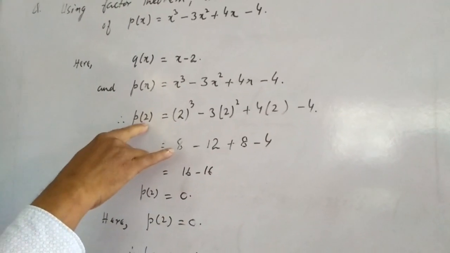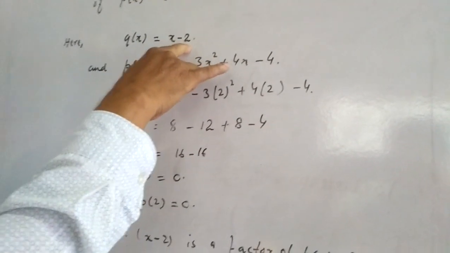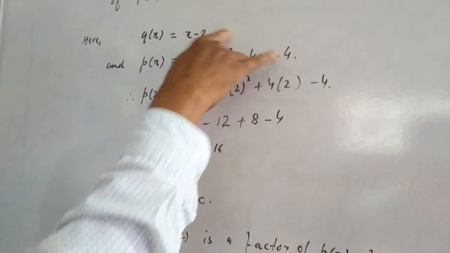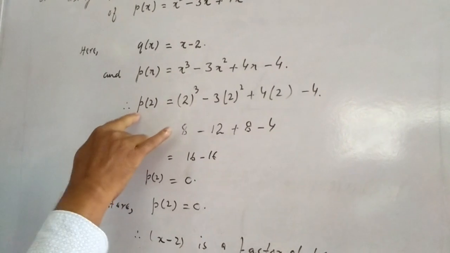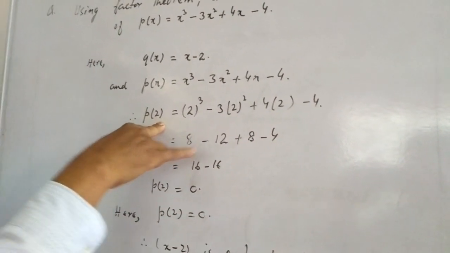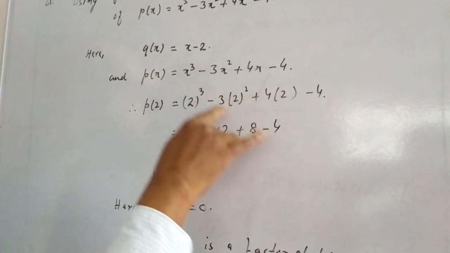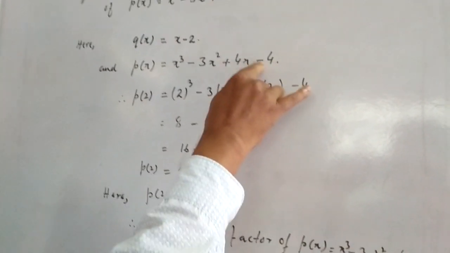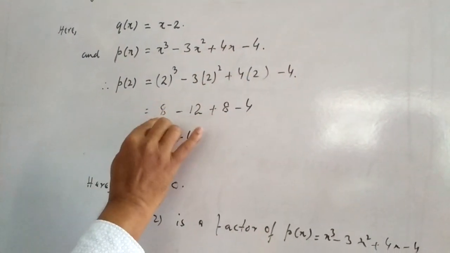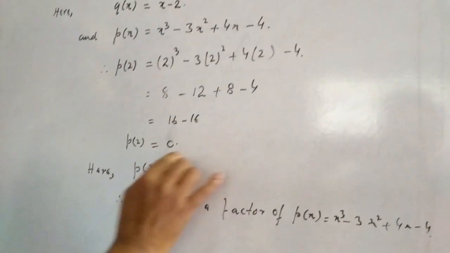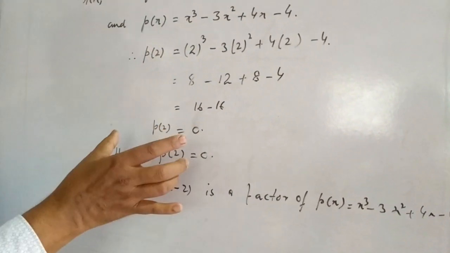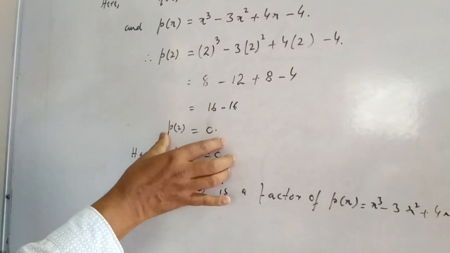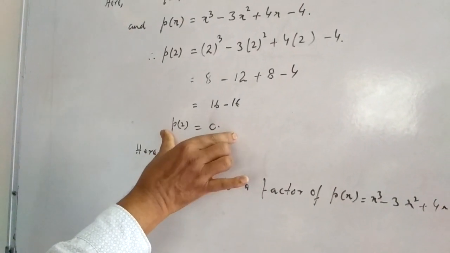फिर हम p(2) पे अगर x minus 2 को इक्वेट करेंगे 0 से तो x का वैल्यू 2 आएगा. Hence we'll calculate p(2) equals 2 cube minus 3 into 2 square plus 4 into 2 minus 4. After calculating this, we got the value of polynomial p(2) at x equal to 2, that is p(2) equals 0.